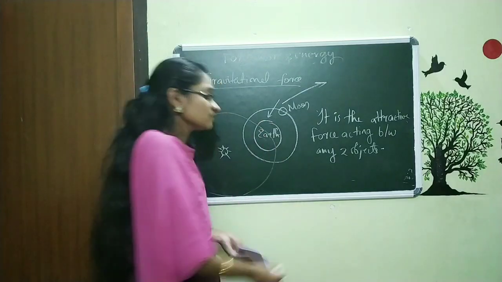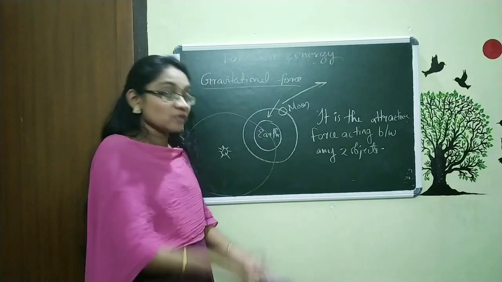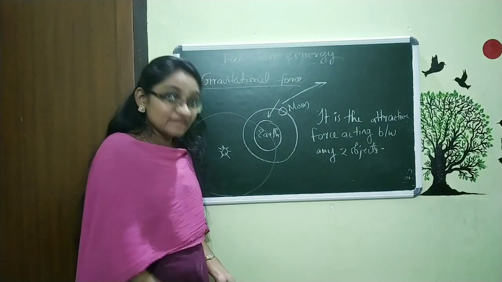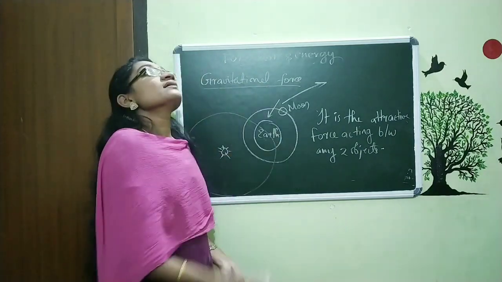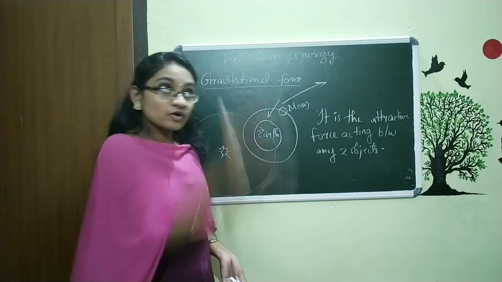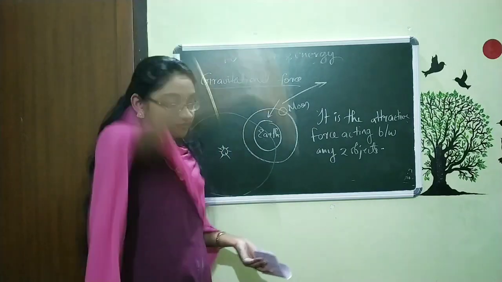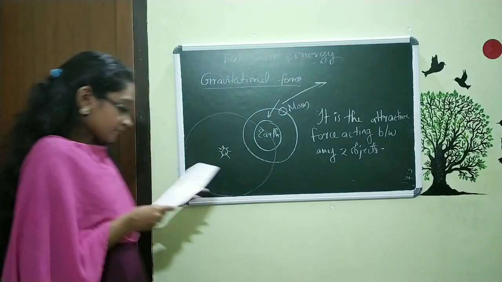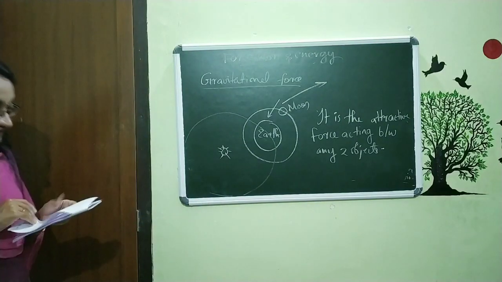This is the reason why the apple comes down, or when we drop a stone, it comes down. Even when we throw a chalk upward, what happens? After some time it will come down. The reason is the same: the gravitational force. So this is all about our gravitational force.